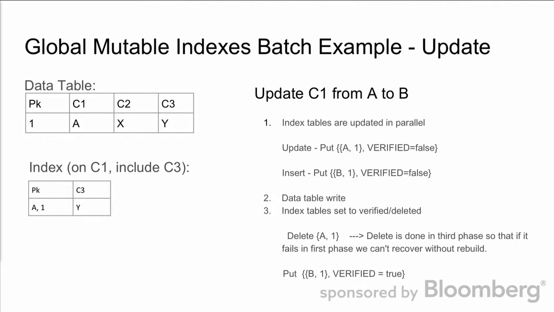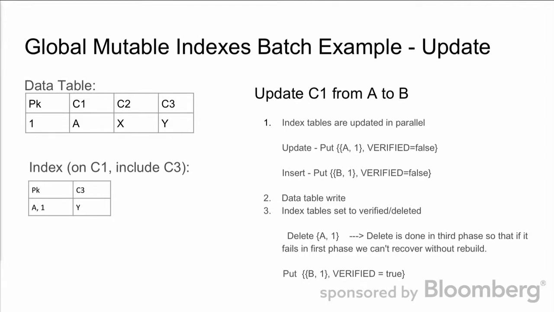So in the first phase, the verified value false phase I was talking about, we have two batches here. First, we set the A, 1 row verified value to false, and we insert another row with B, 1, which is the new value, and again, its verified status is false.